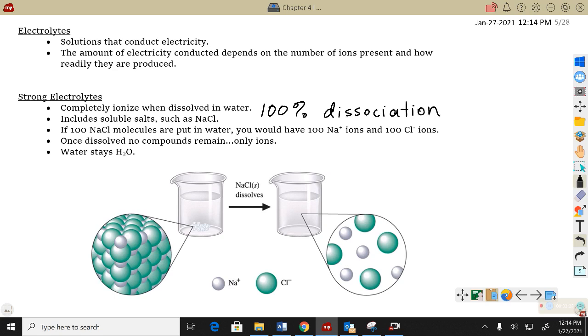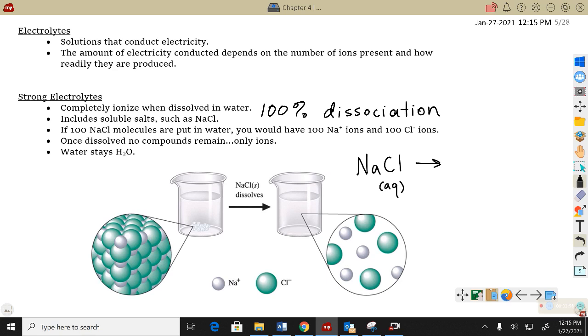We can write it as an equation. When I think about an ionic compound in solution, we often use the term AQ, aqueous, meaning dissolved in water. But when I see sodium chloride aqueous, I have to picture in my head this.